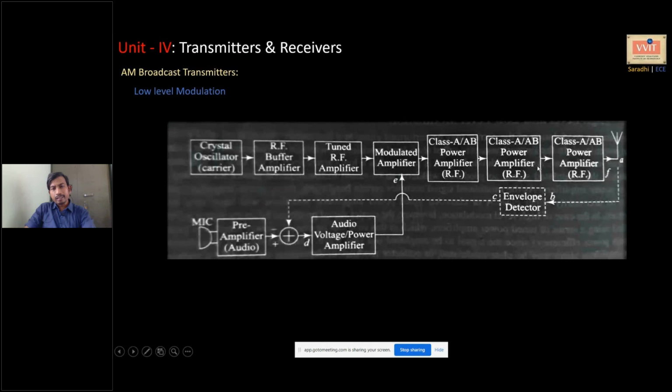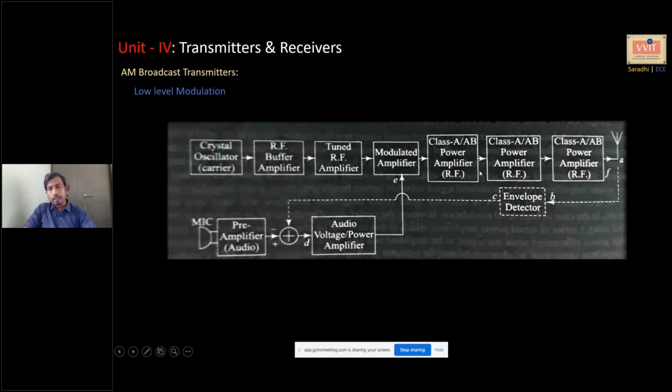So what essentially is happening here is, in low level modulation or low level transmitters, you need huge power for transmission, in the order of 10 kilowatts of power required for the transmission of an AM signal. And how do you get that much transmission power? By amplifying using some amplifiers.